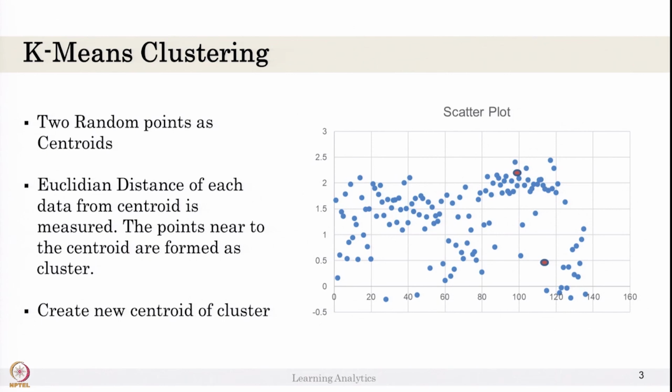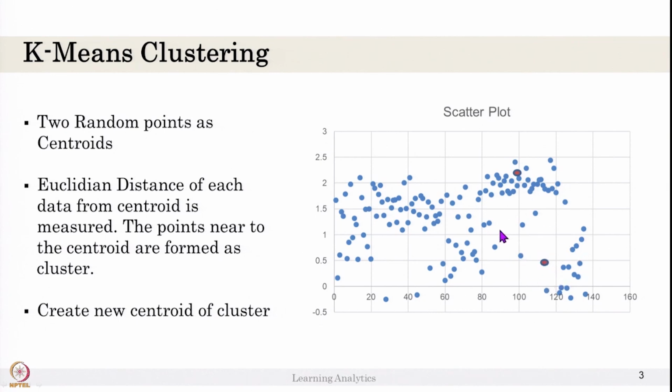Let us say we have 2 random points, one here and one here. Since I am trying to create 2 clusters from this plot, we can create the clustering by moving these random points over this figure. What happens is it identifies the nearest points to each center, and all the points nearest to one center are considered one cluster, and the points near the other center are considered another cluster.